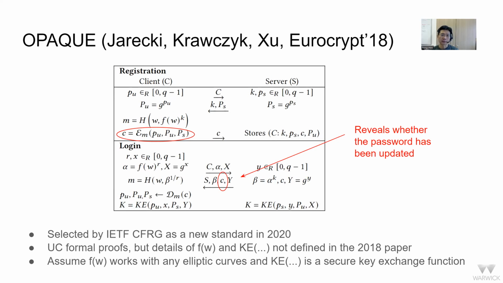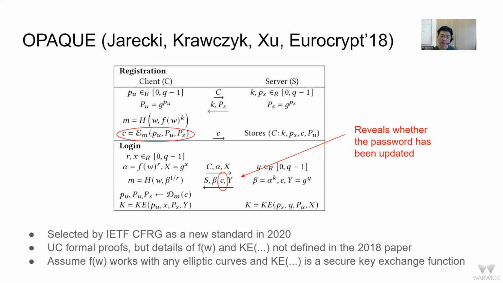So after this protocol was selected as a standard by IETF, it was discovered that there's one issue that is not covered in its security proof. During the registration phase, the client computes a ciphertext C, and this C uses a key derived from a password. So in other words, if the password changes, then the value of C will change.